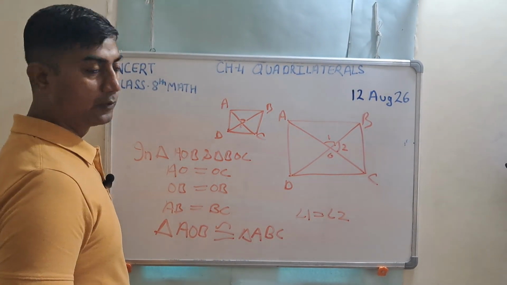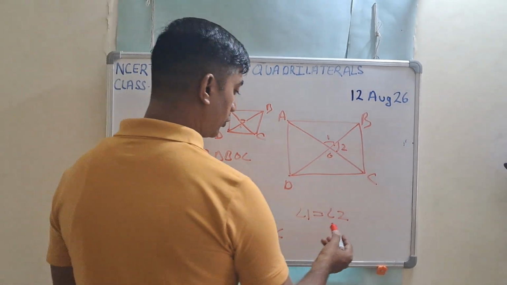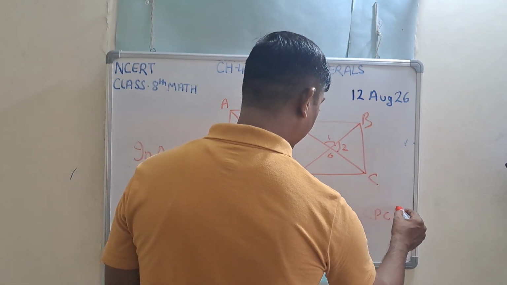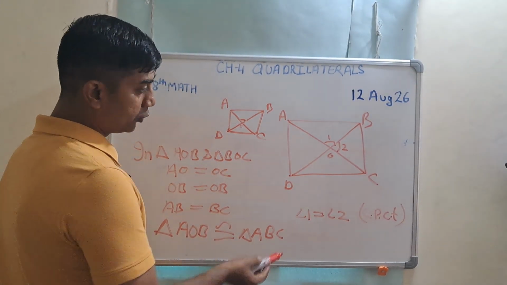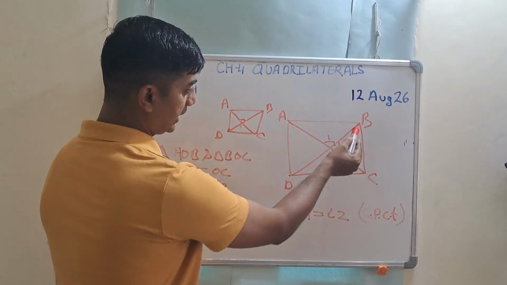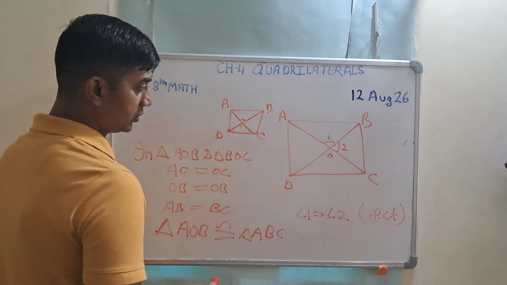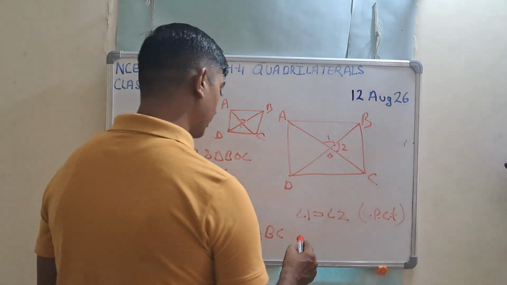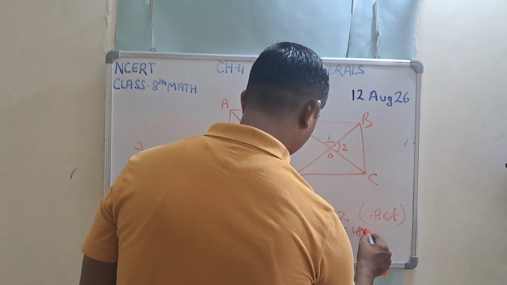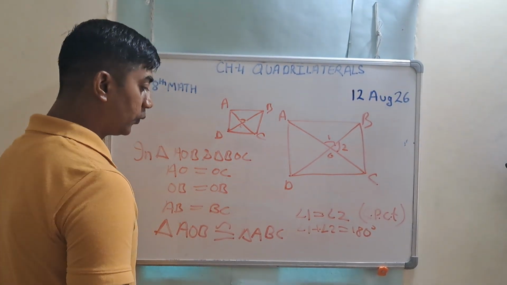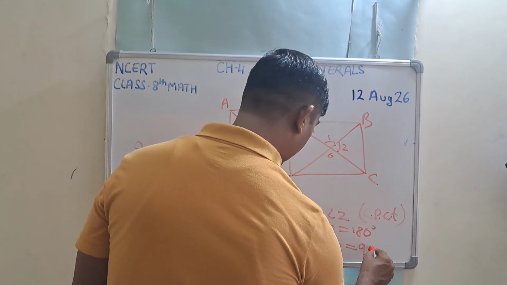This is what we have concluded from the congruent property, CPCT. And also we know that AC is a straight line and this line is intersecting AC. So the complete angle is 180 degrees, meaning angle 1 plus angle 2 is 180 degrees. And from these we conclude that angle 1 is equal to angle 2 is equal to 90 degrees.